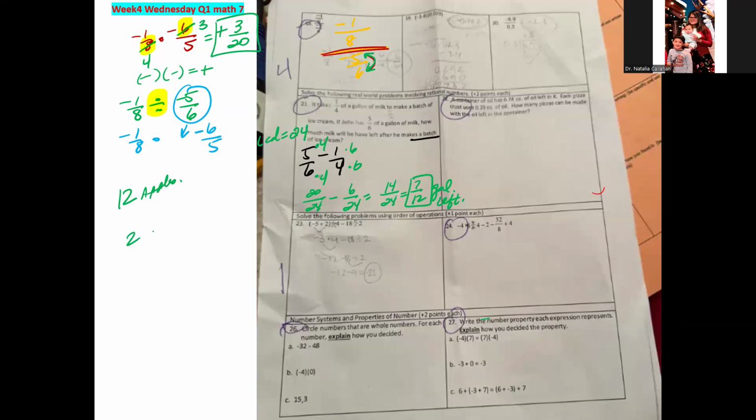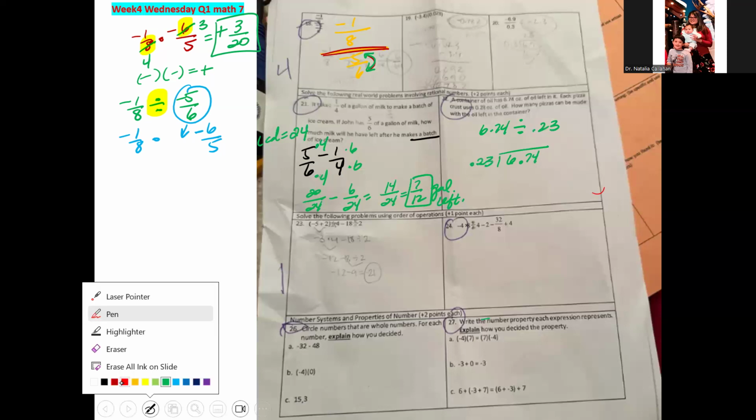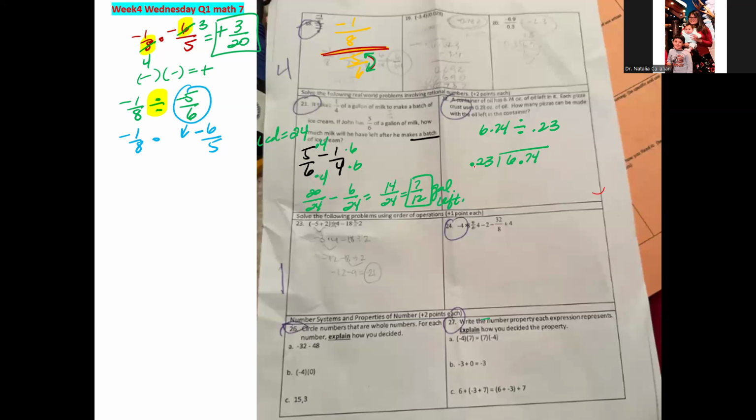And I need 2 apples to make 1 pie. How many pies can I make? We're saying how many times can this 2 fit in 12, which means you divide it. So what do you do with the 2 numbers here with the oil? Set it up. Can't divide with decimals on here.